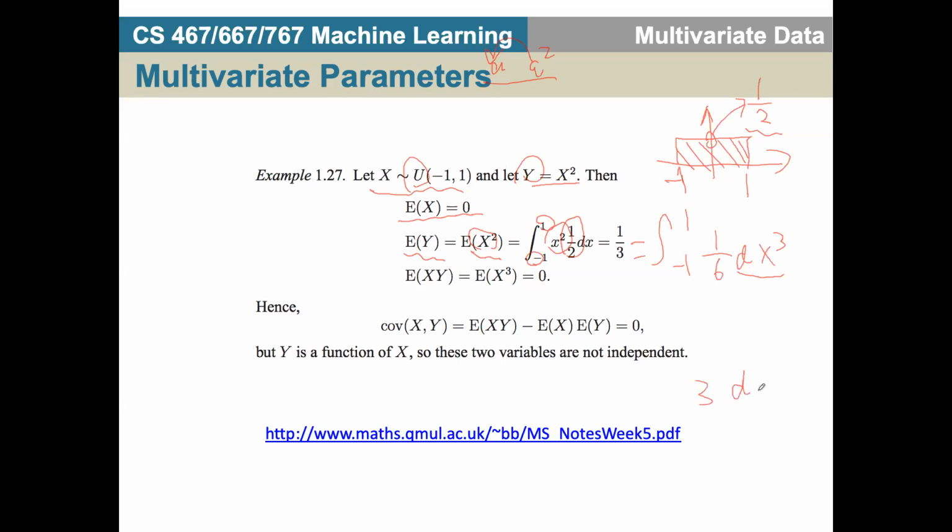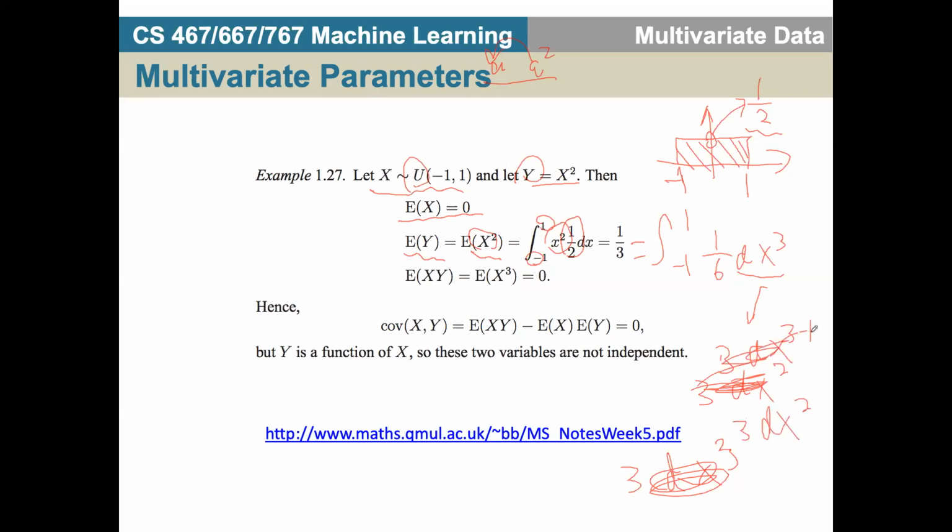The derivative of x cubed is 3 times x squared, so it's 3 dx squared.